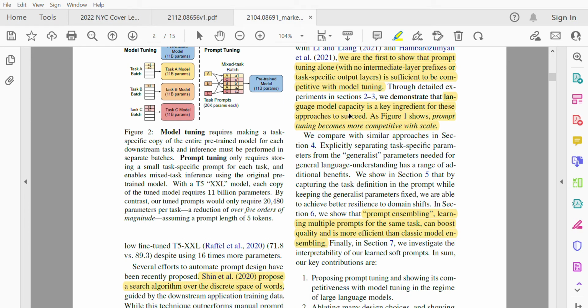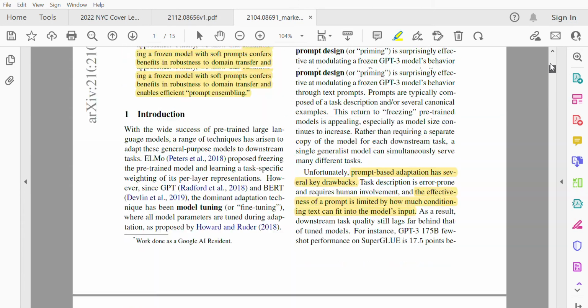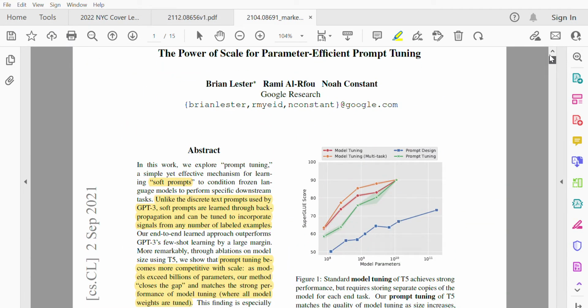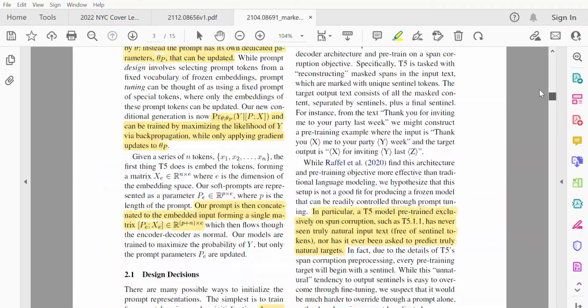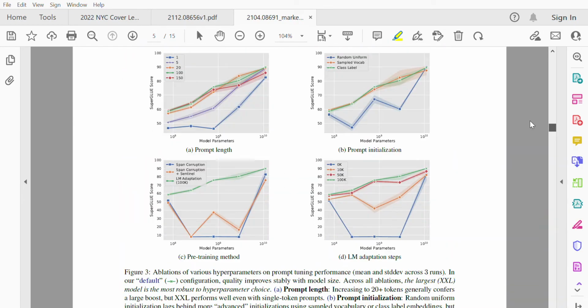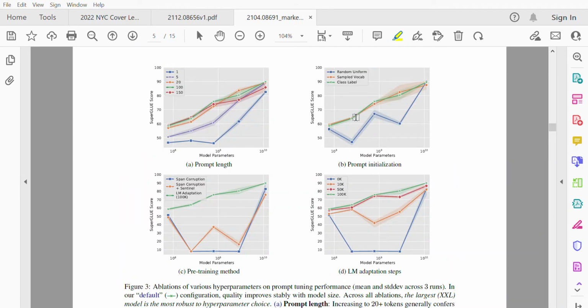So let's talk a little bit more about prompt tuning becoming more competitive with scale. That again is going to be represented up here, and they are just unable to get to equivalent results with any smaller models. They do a number of ablation studies, so I will go ahead and scroll all the way down to the ablations, and they are consistently showing that this green bar, or this green line, is what their model is.